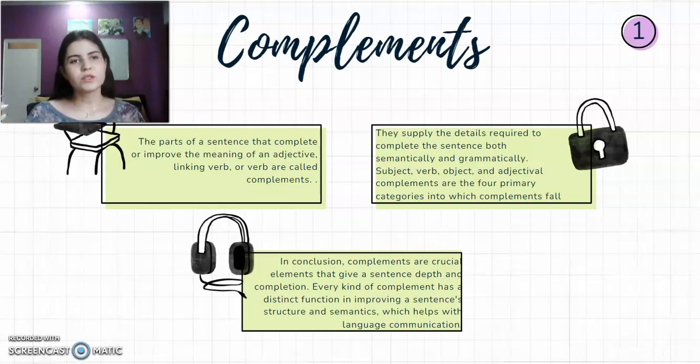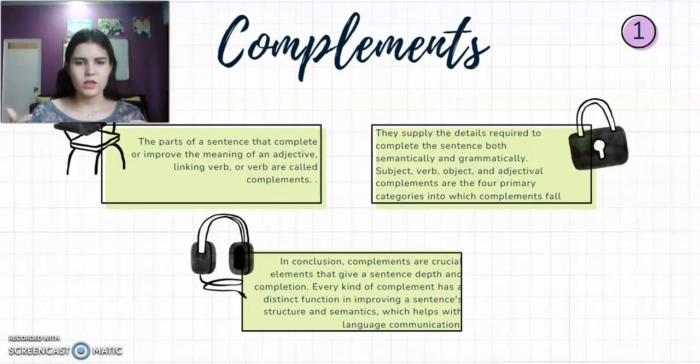In other words, the complement helps us as speakers of a language to upgrade a sentence to another level, to be more formal, more nice, to have another touch, and to get the sentence away from being basic.